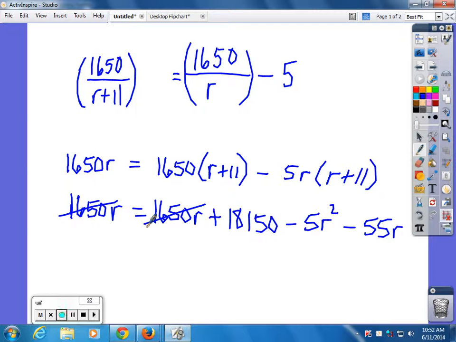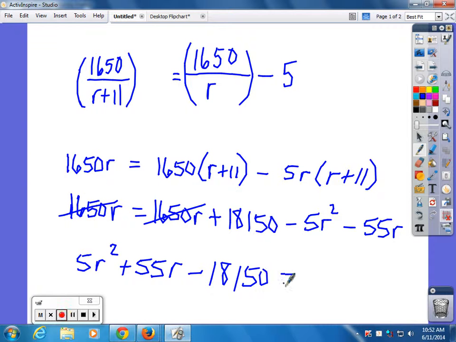You bring all of that over here and it becomes 5R squared plus 55R minus 18,150, and that is what we were looking for. You would have got the same numbers. You would have got the 55 and the 66, but you couldn't get the positive 11 because of the sign that we had. The signs were not right.